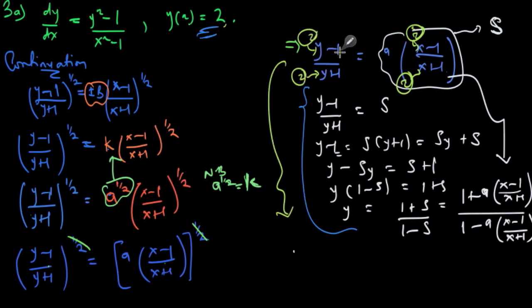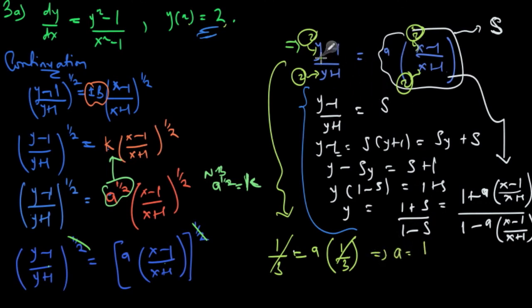So you have (2 minus 1)/(2 plus 1), that's 1 over 3, equals a into (2 minus 1)/(2 plus 1), that is 1 over 3. And then when you simplify, you have a equal to 1.